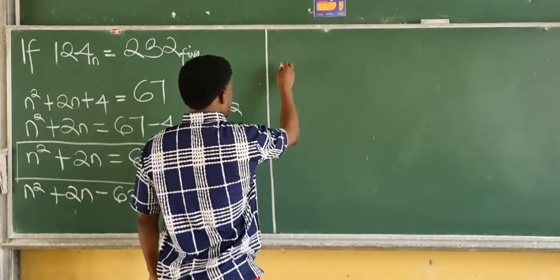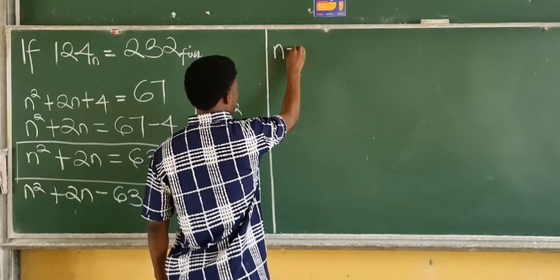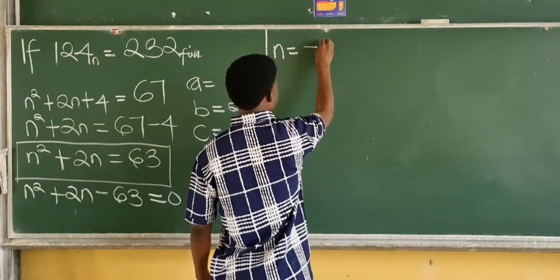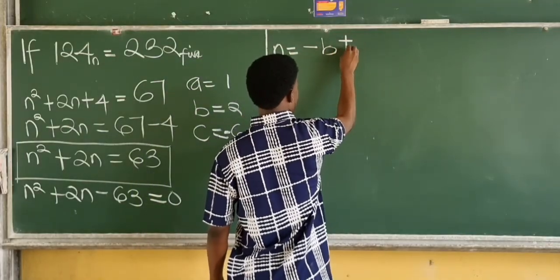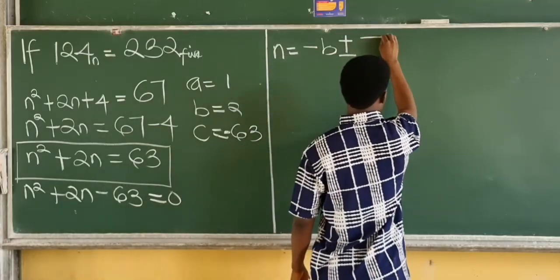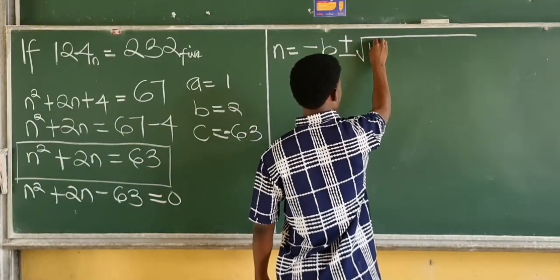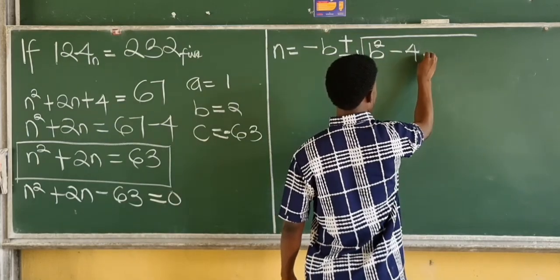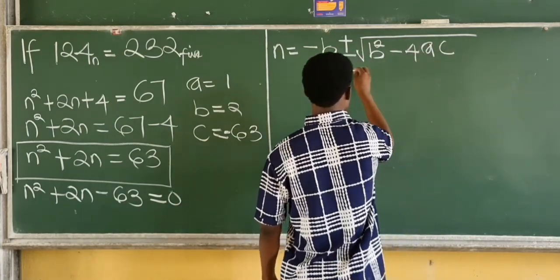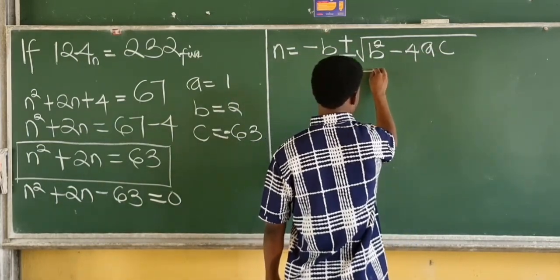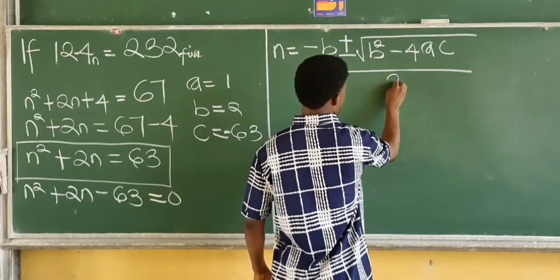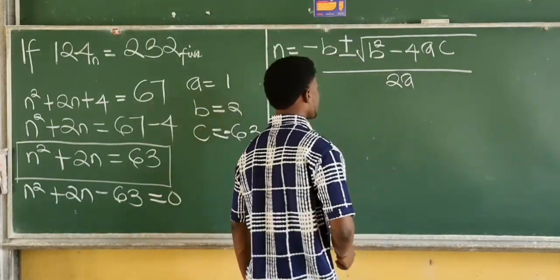The formula method is given as n is equal to minus b plus or minus square root of b squared minus 4ac, all over 2a.